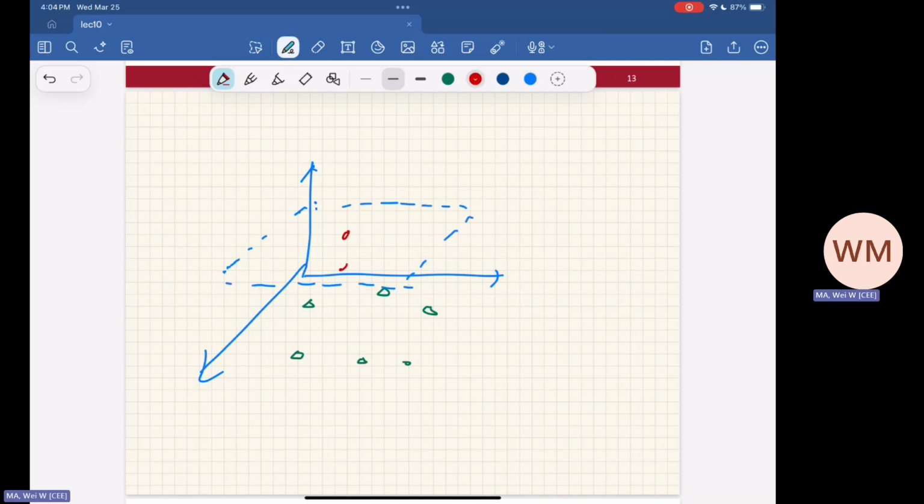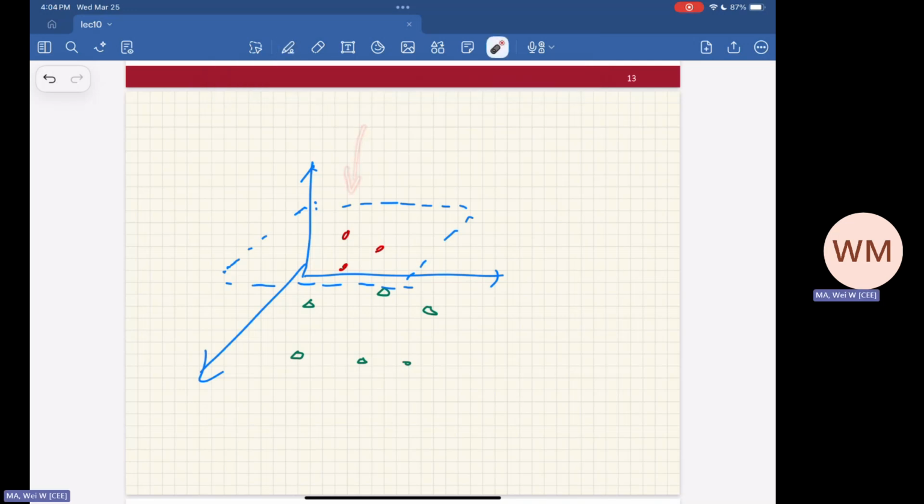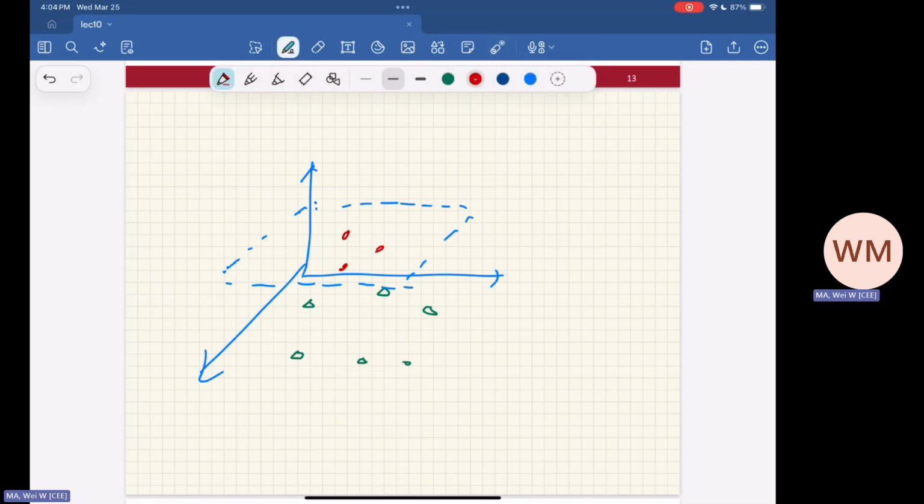We have some squares in the middle. So if you look from top down, then it's not linearly separable, but you can separate the data by using this linear line and this linear space. Okay, so it's difficult to understand.